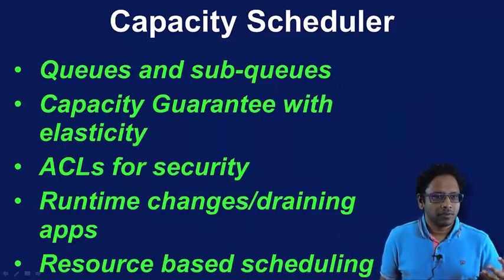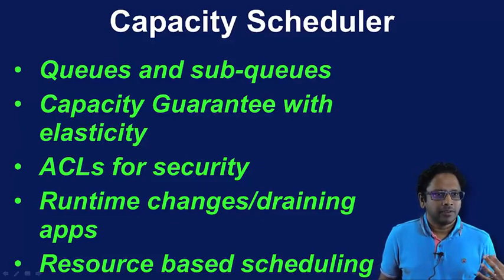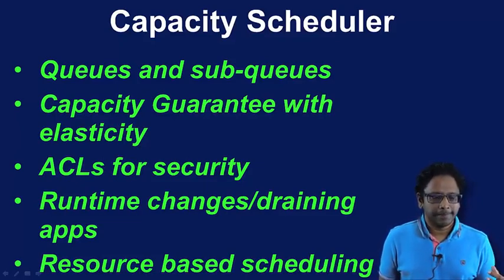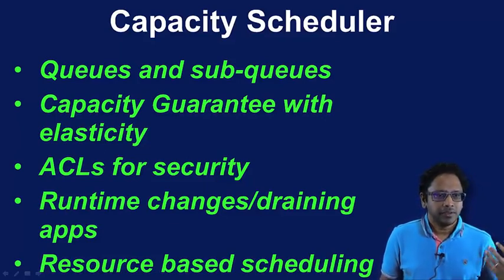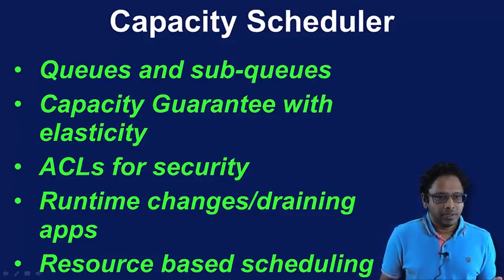So summarizing what we saw on the slide before, we have queues and sub-queues are also possible. You can do a capacity guarantee, and there is an option to do elastic expansion if resources are available. You can use ACLs for security, as I mentioned.